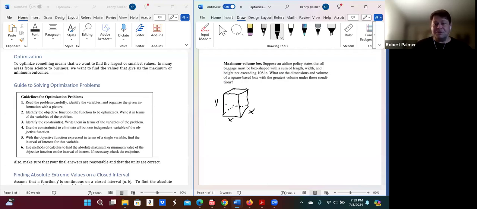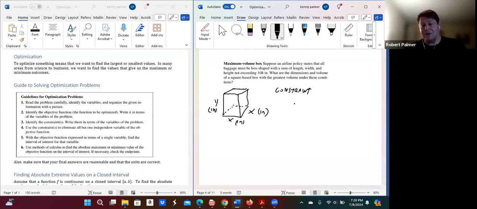Now, it also says we have a constraint. This is kind of a made-up constraint, but the constraint says the sum of the length, width, and height not exceed 108 inches. Once again, these are also all in inches. It's important when you have units, make sure you use the correct units and get the correct final unit.